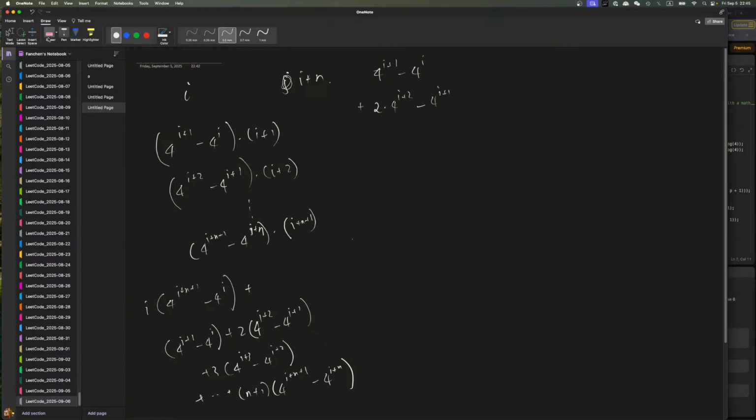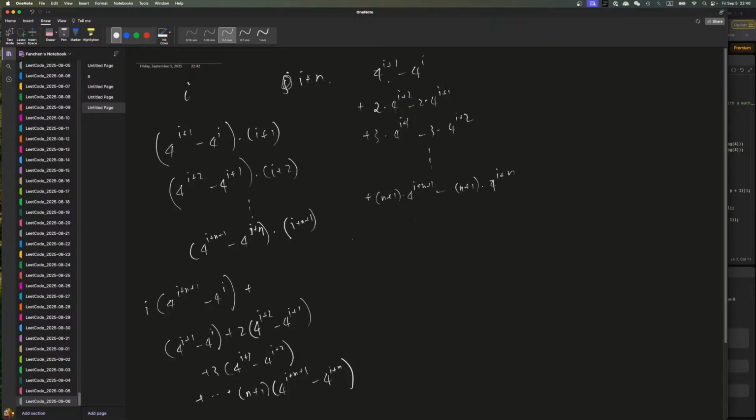This is 2 times. And then it's 3 times 4^(i+2), with 3 times i plus 3. Then we have (n+1) times 4^(i+n+1) minus (n+1) times 4^(i+n).